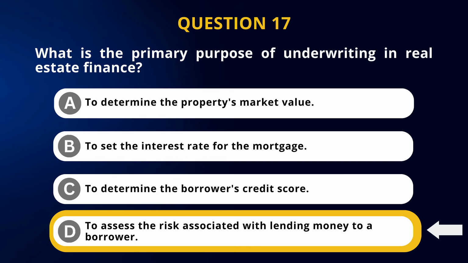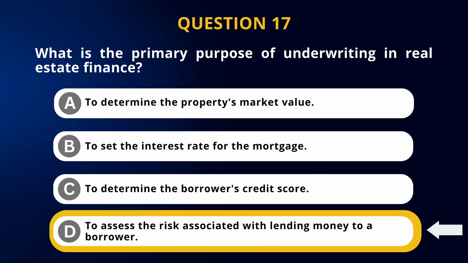So the primary purpose of underwriting, generally speaking, is to assess risk. What the underwriter or the loan processor will do is go through and look at the credit. They won't set the interest rate for the mortgage, but based off of the borrower's qualifications, the lender can determine the interest rate appropriate for the borrower: higher risk, higher rate, potentially, that kind of thing.